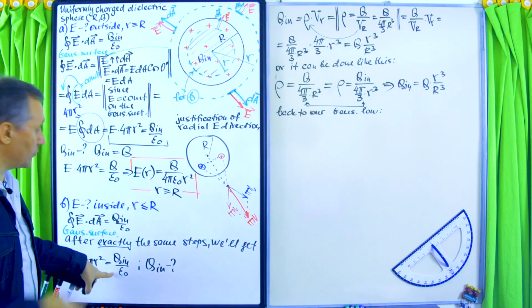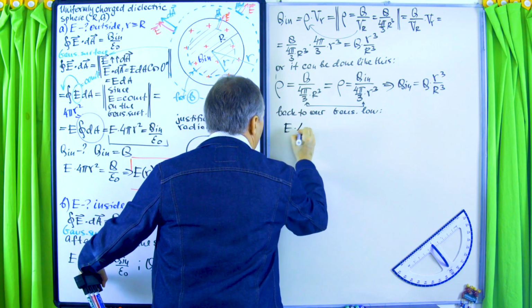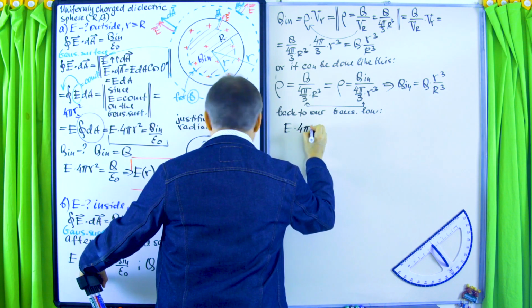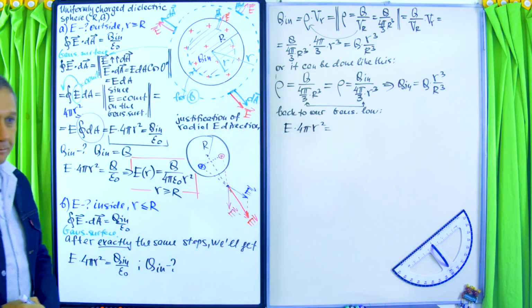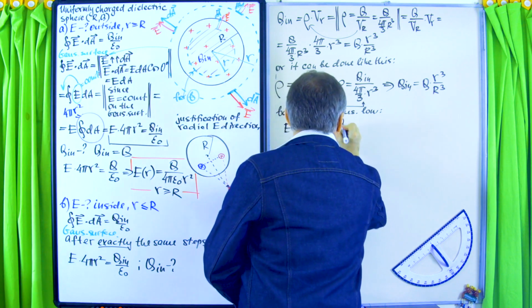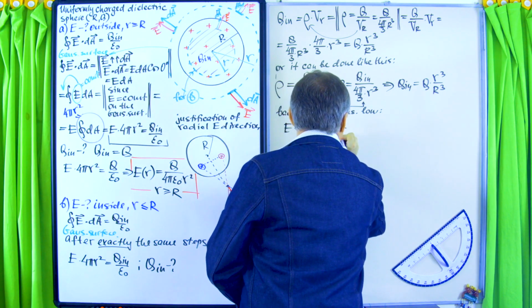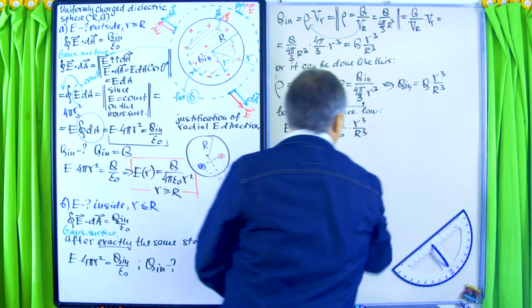Let me rewrite it with that expression for Q enclosed. So E times 4 pi r to the power of 2 equals Q over epsilon naught and the ratio of these cubes.